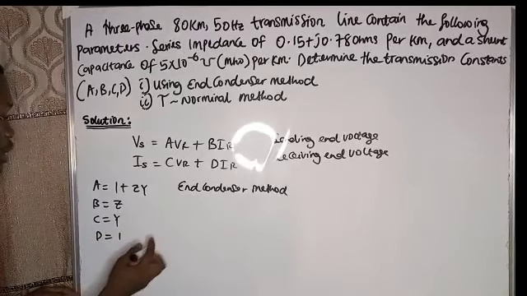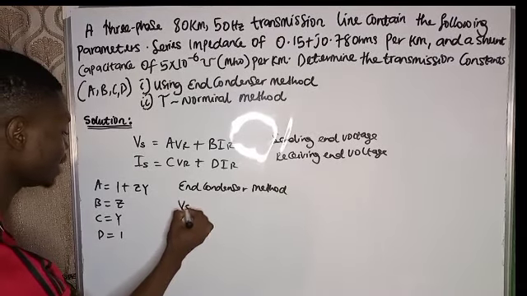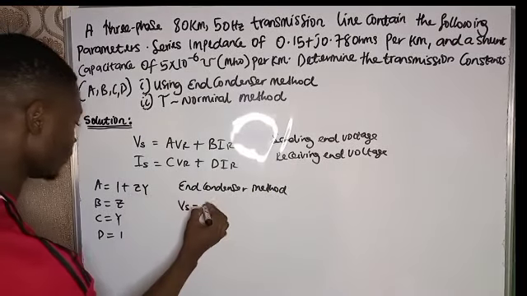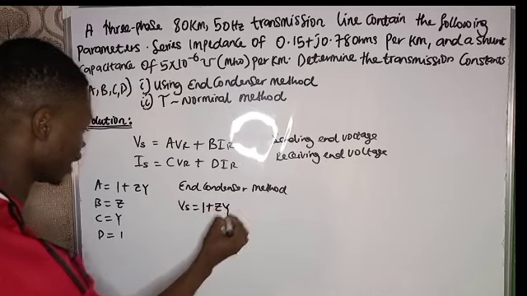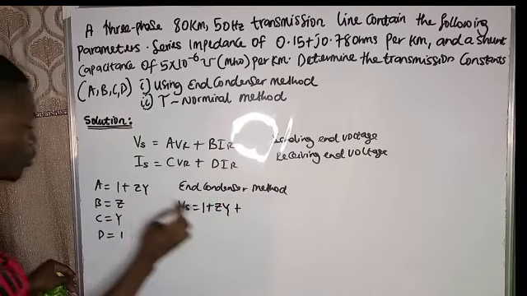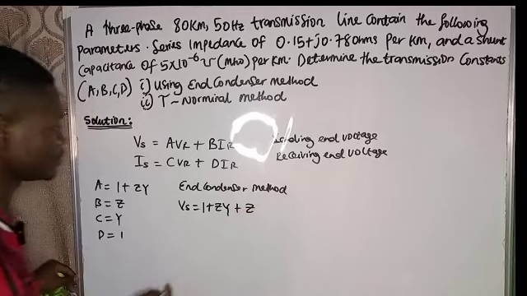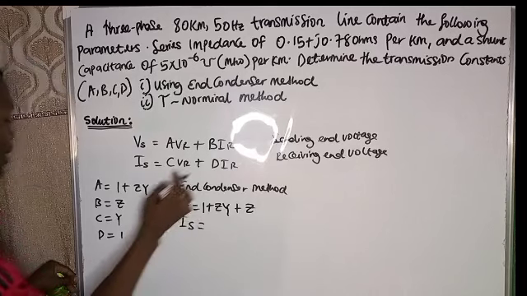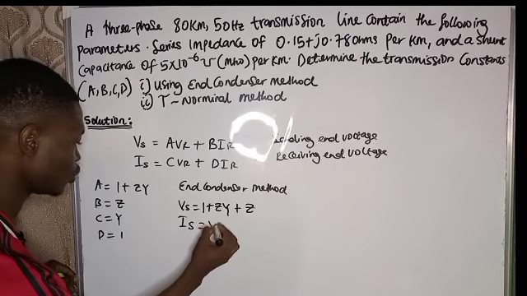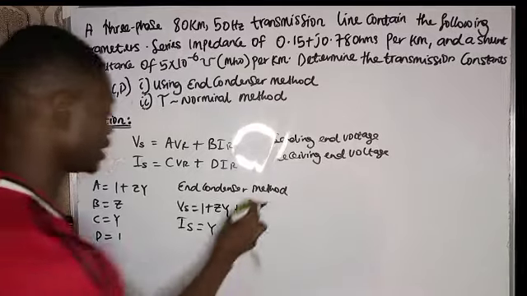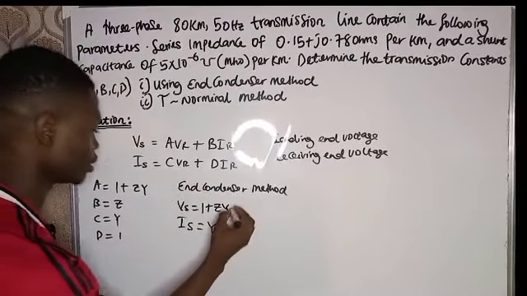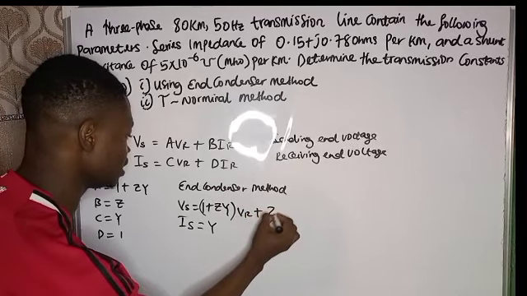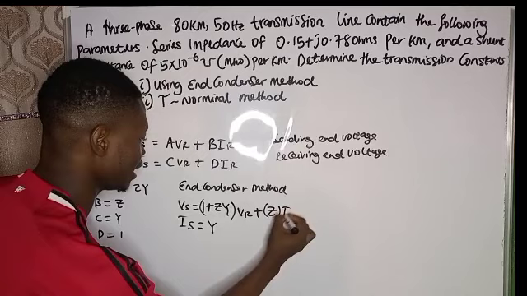So we are going to compare these two things. Our Vs, that's sending end voltage, in the N condenser method. Our A is 1 plus Zy, times the VR, plus our B, which is Z, times the IR.